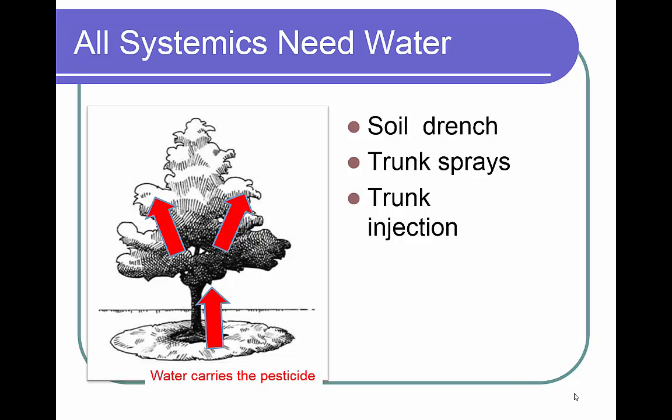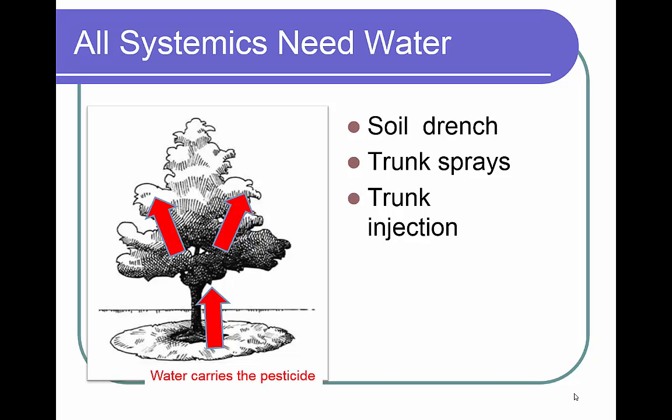Even if they're trunk injected, the roots have to be taking up water so they can translocate the systemic insecticide in the plant, and these insecticides will be moved most rapidly if the plant is actively respiring with lots of activity in the leaves. Very little movement, if any, when the plant is dormant.